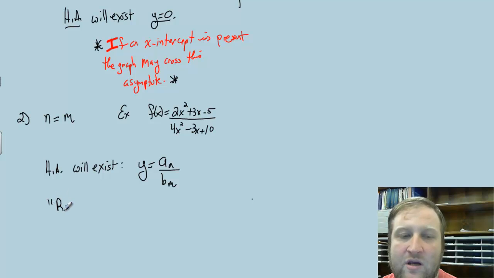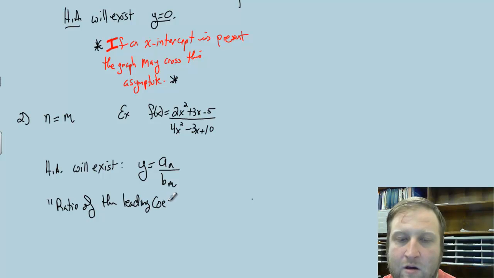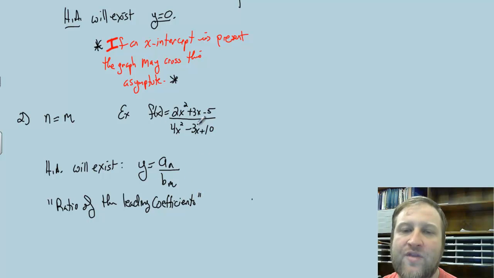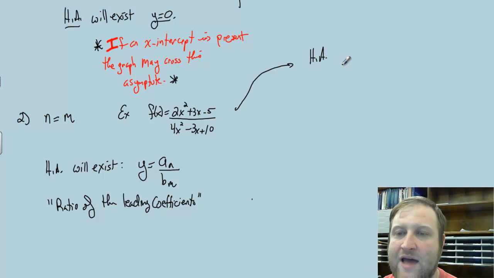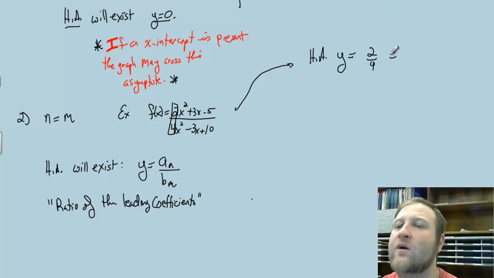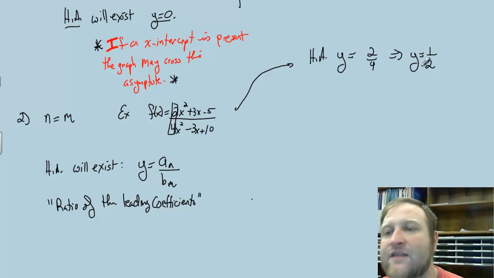It's the ratio of the leading coefficients. In this circumstance, the leading coefficients on top and bottom are 2 divided by 4, which implies that the horizontal asymptote is y equals 1/2, and it always must fall in the form of a line.